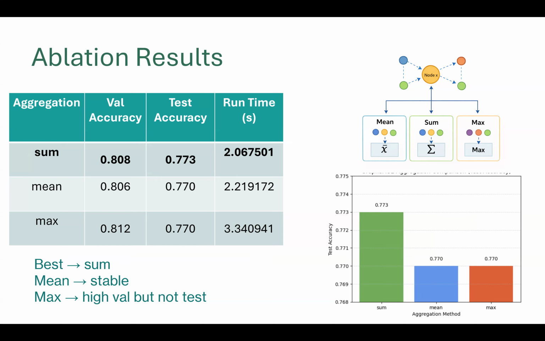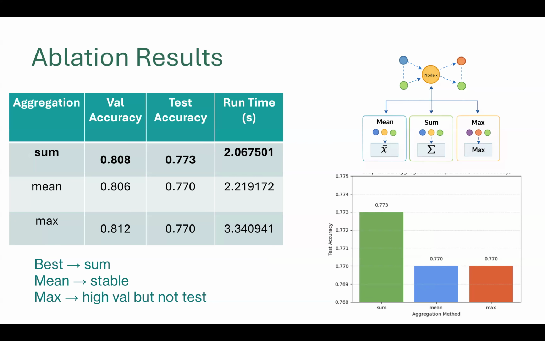From the results, we can see that sum aggregation performed the best overall, achieving the highest test accuracy while also being the fastest. Mean aggregation was very stable with slightly lower performance but consistent behavior.